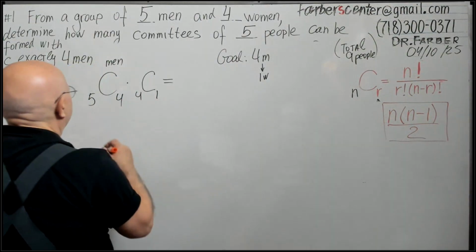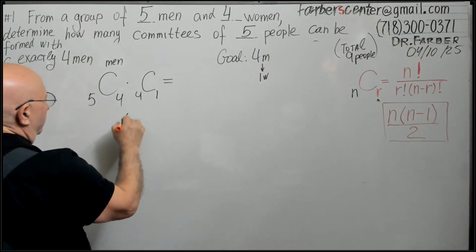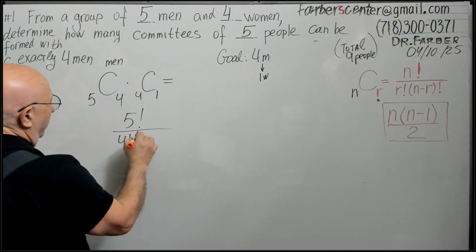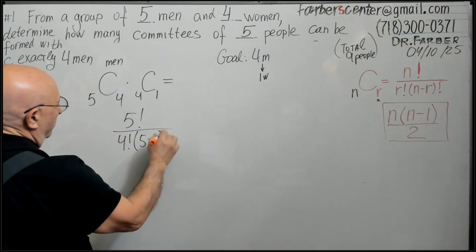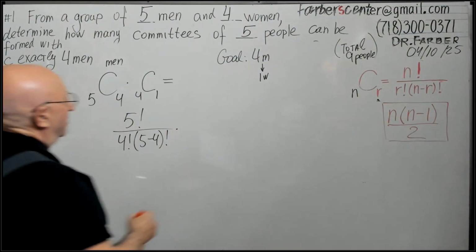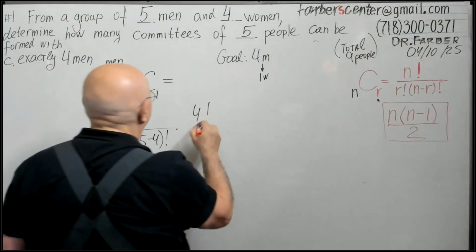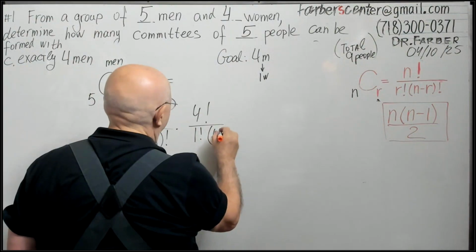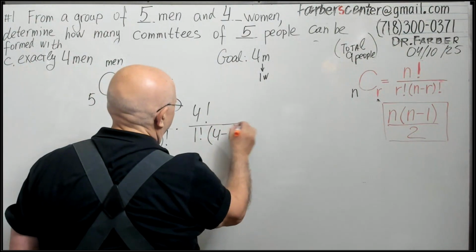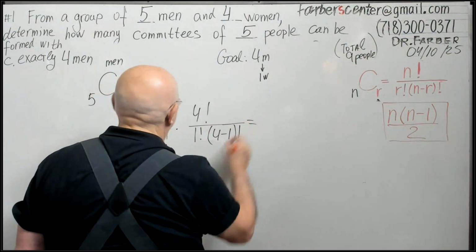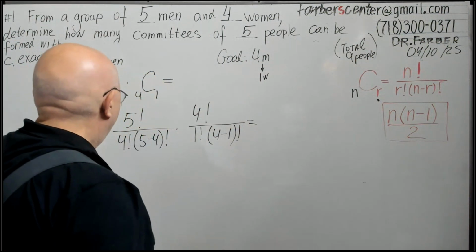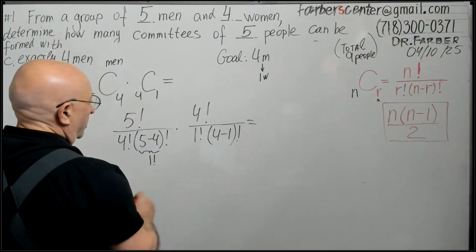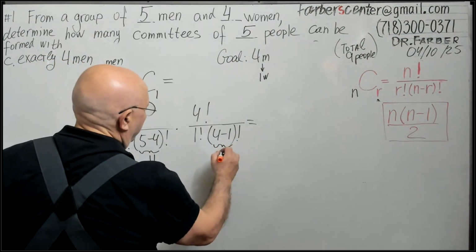And what is it? I use this step. And this is 5 factorial by 4 factorial by 5 minus 4 factorial, multiplied by 4 factorial by 1 factorial by 4 minus 1 factorial, which is, this is 1 factorial. This is 3 factorial.